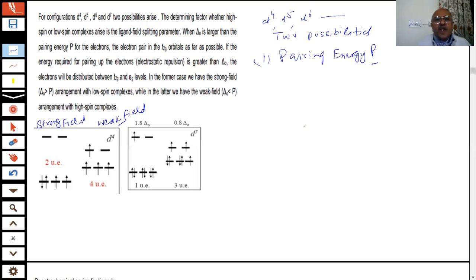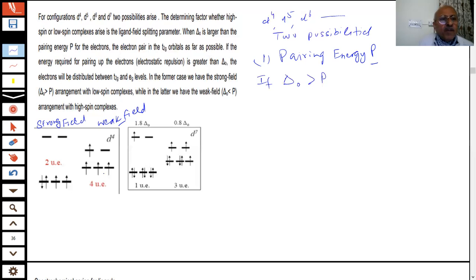Now the question is, if the crystal field splitting is larger, the pairing energy is less. If delta o, the crystal field splitting energy for octahedral, is more than P, what will happen?